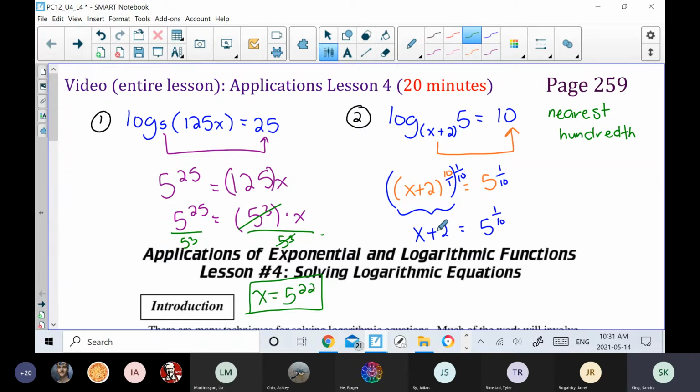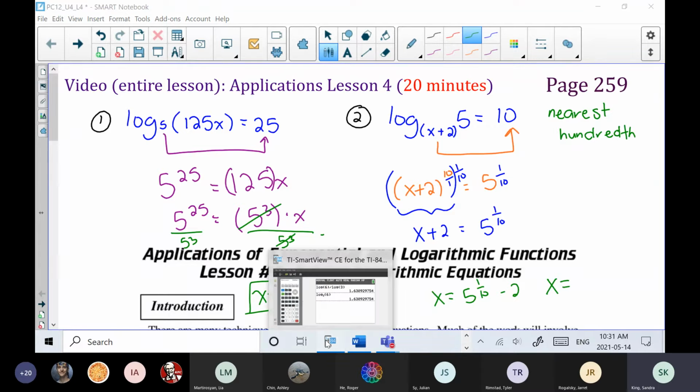And then to solve for x, I need to get rid of that 2. So subtract 2 from both sides. X would be equal to 5 to the power of 1/10 minus 2. And then because it says solve to the nearest hundredth, you know that this is going to be decimals, and that becomes a calculator question once you get to this step here.